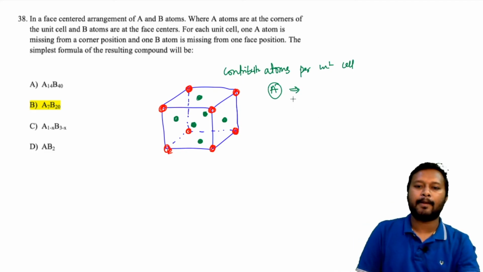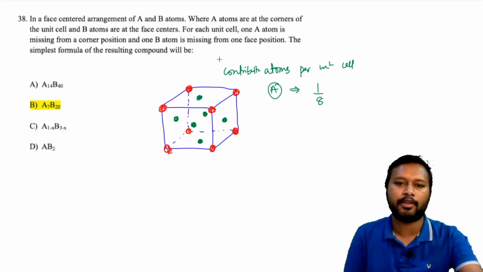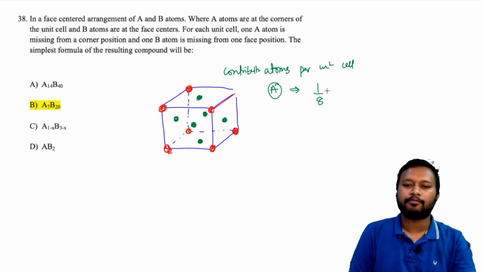For A, each atom is at the corner and each corner atom contributes 1/8. Since there are only 7, why? Because it said that one of the atoms is missing from its position. So only 7 of them are present over there. So into 7 will be done, right?